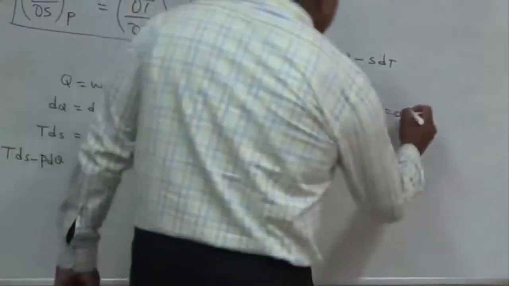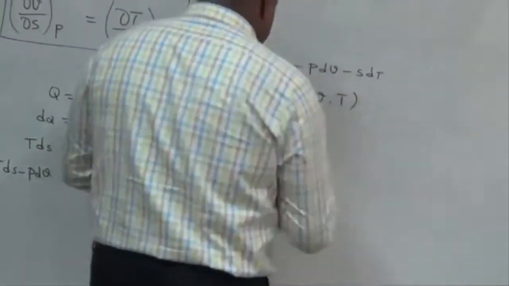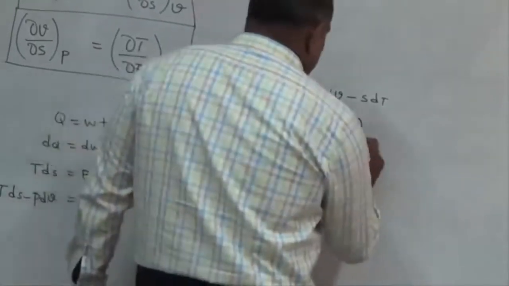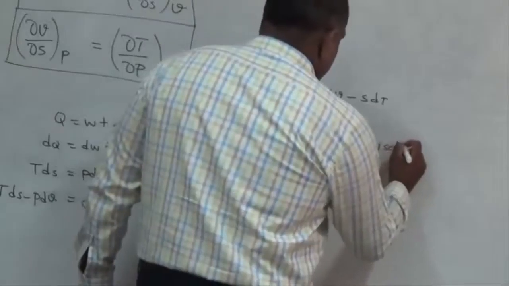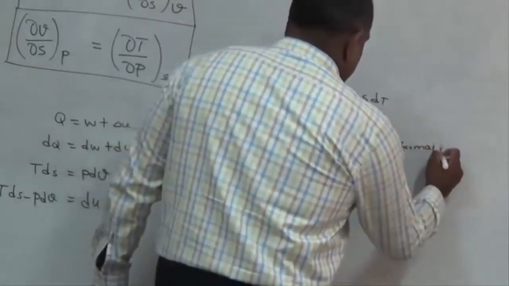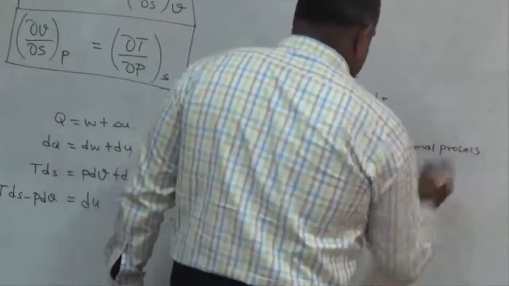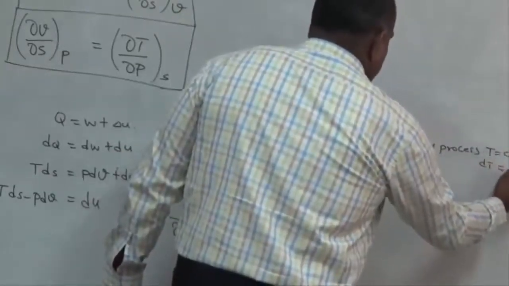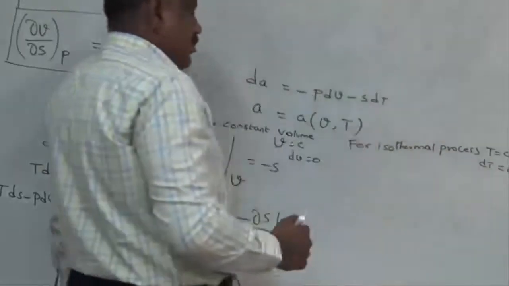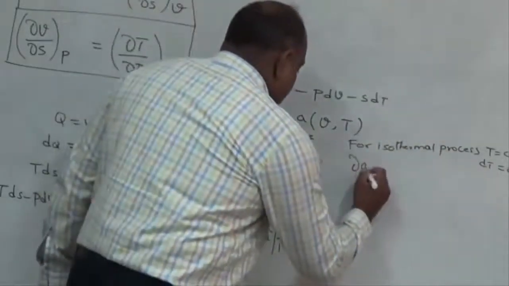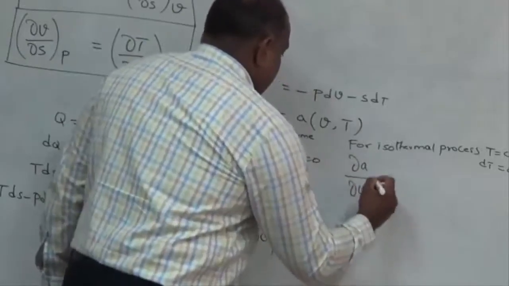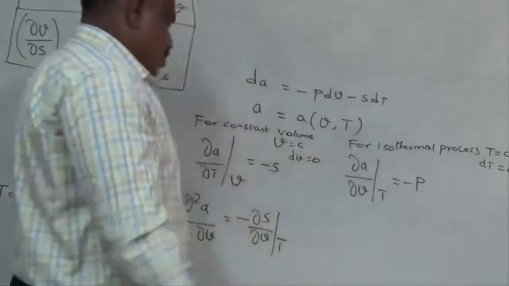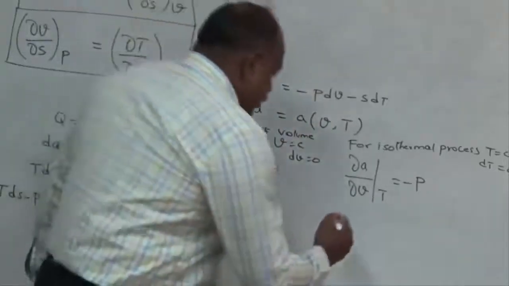Now we can go the other way. Now for an isothermal process, which means T equal to constant or dT equal to 0, this term will become 0 now. So dou A by dou V at a constant temperature equal to minus P. So do the second order derivative once again.